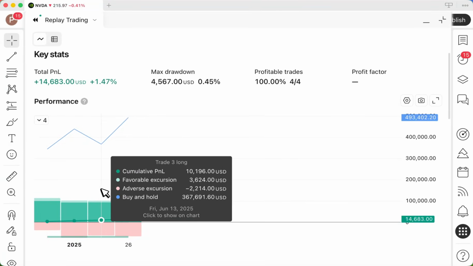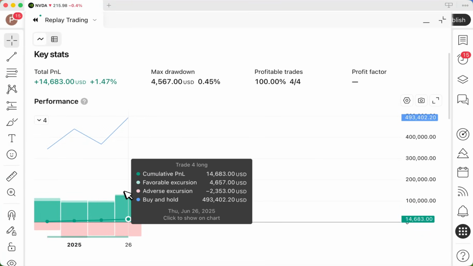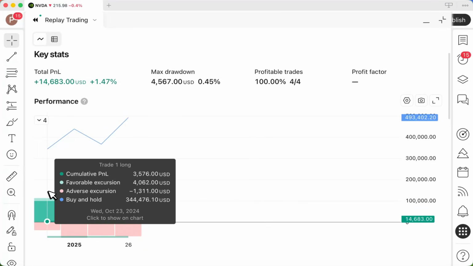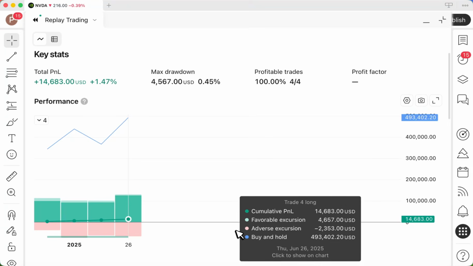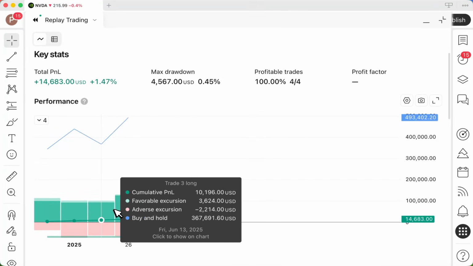So trade 1, trade 2, trade 3, 4, they were all longs. And we can see favorable excursion, the max adverse excursion, so how far this trade went away from us. You see it's the pink. That's why it goes beyond the 0 line below.